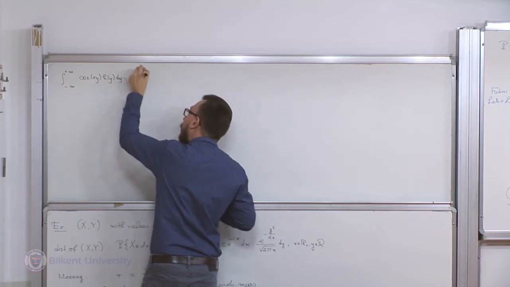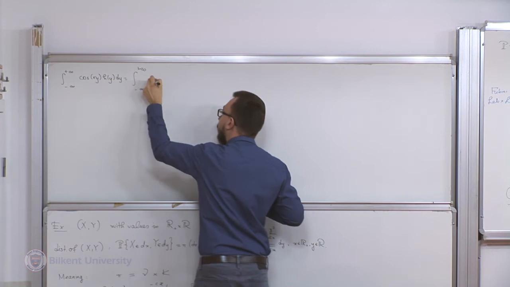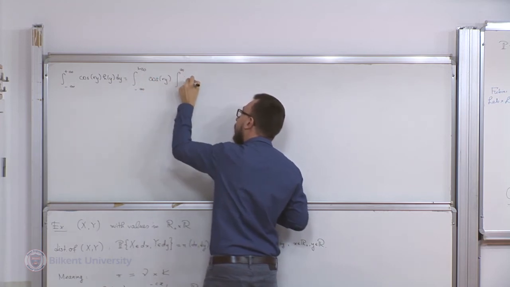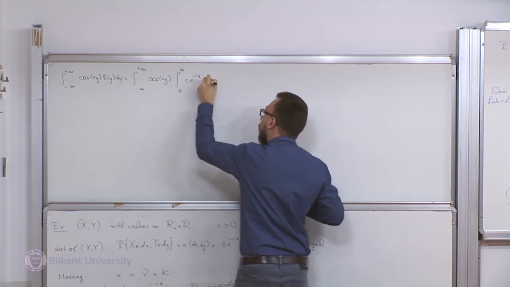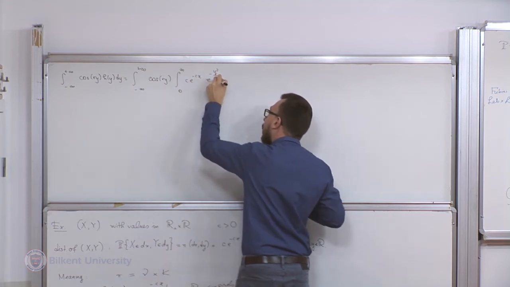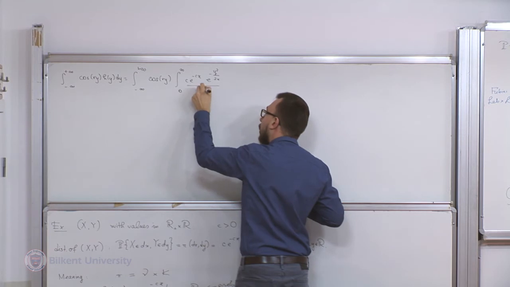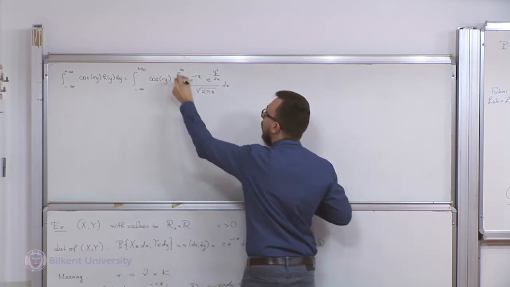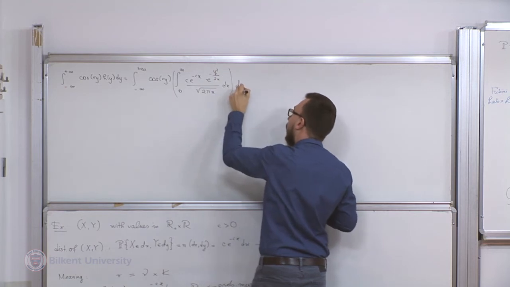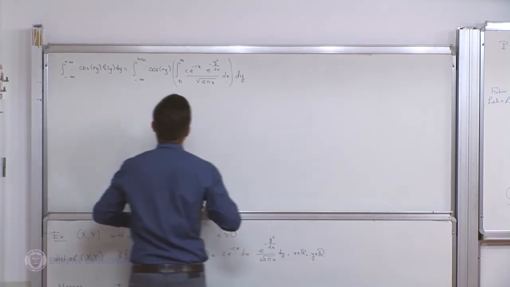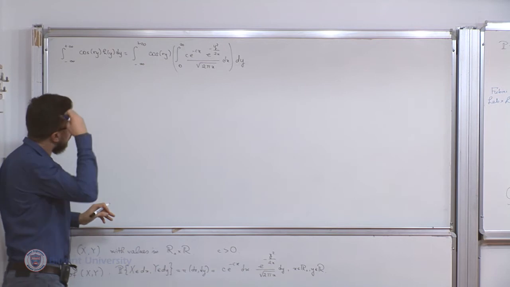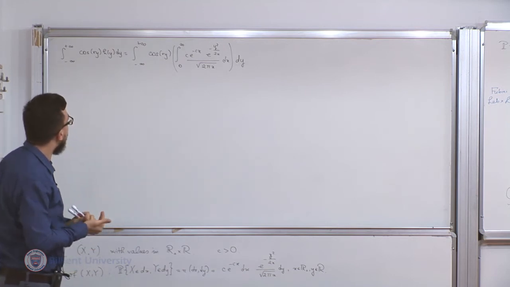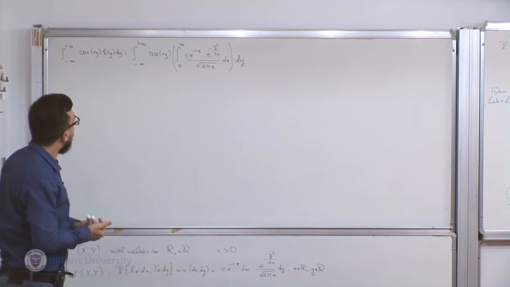So we know h of y is given in integral form: 0 to infinity of this whole thing dx. And then we have dy.